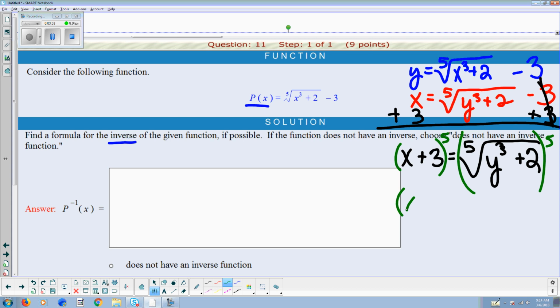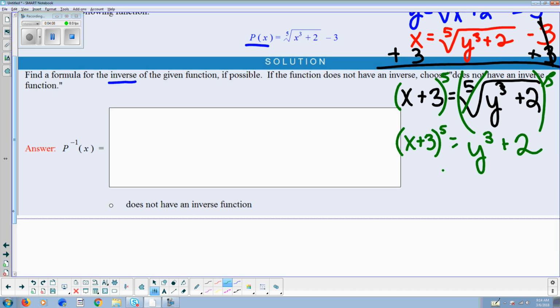I can just write the quantity x plus 3 to the fifth is equal to y cubed plus 2, since the fifth root cancels with the fifth power. Next, trying to get the y alone, our next step is going to be to subtract 2 on both sides.